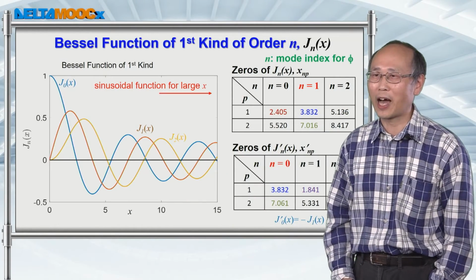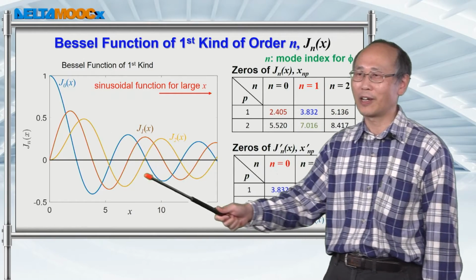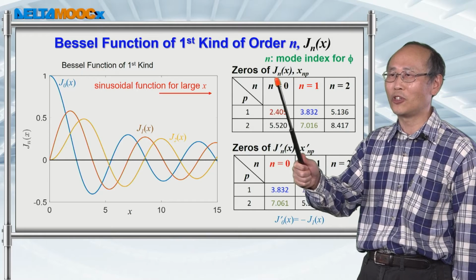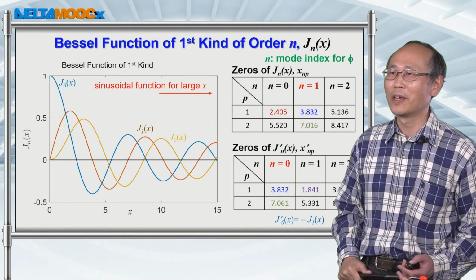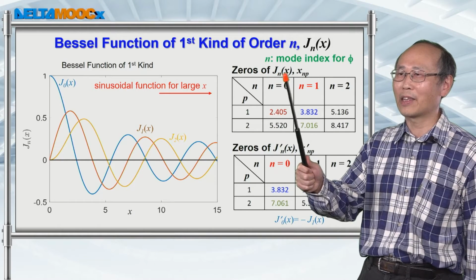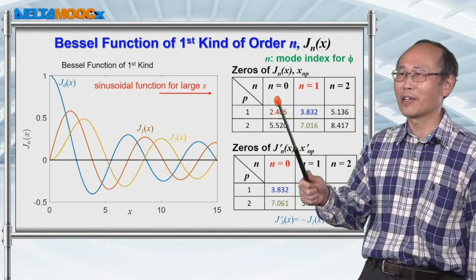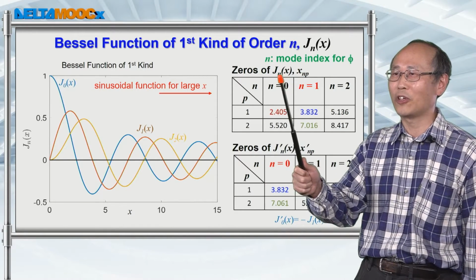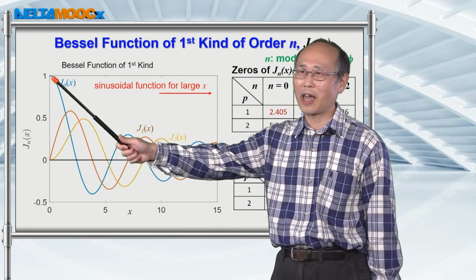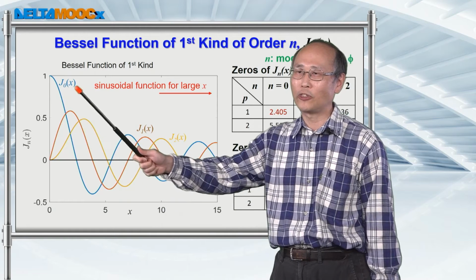Quite often, we want to understand the zero crossings of those functions on the x-axis, and we call these the zeros of Jn of x. The location where Jn of x crosses the zero line is called a zero of Jn of x. For example, everybody please follow me to look at this blue curve, which is J0.